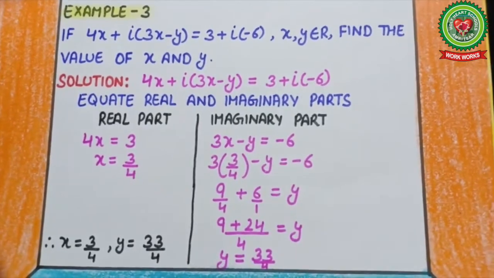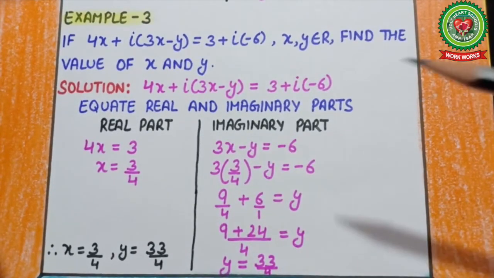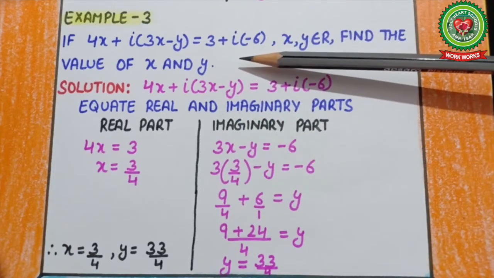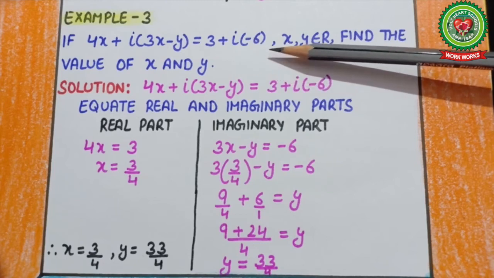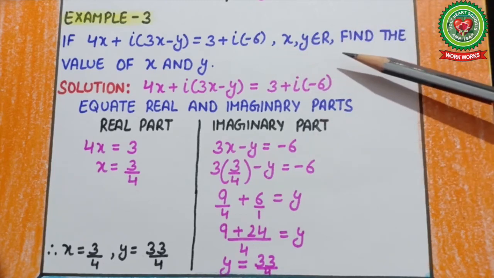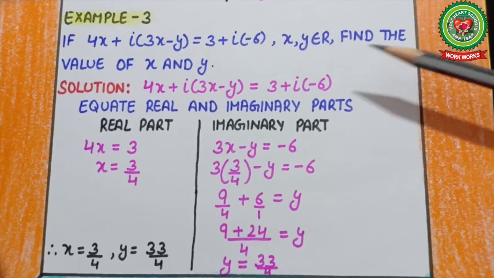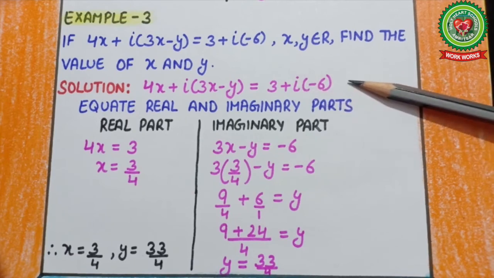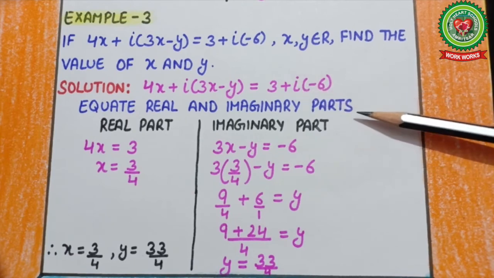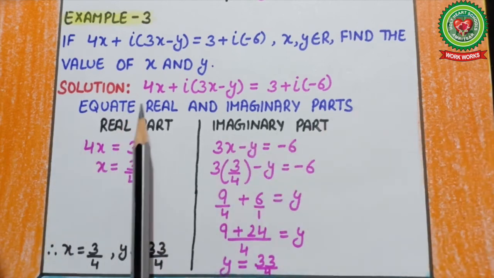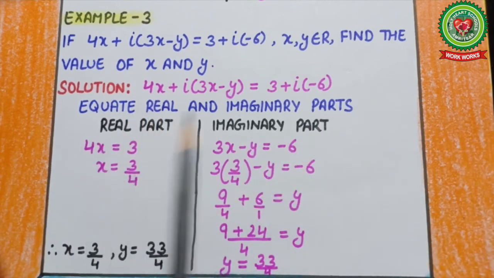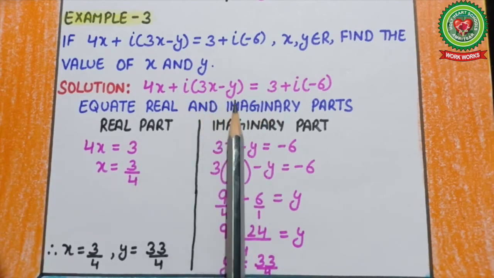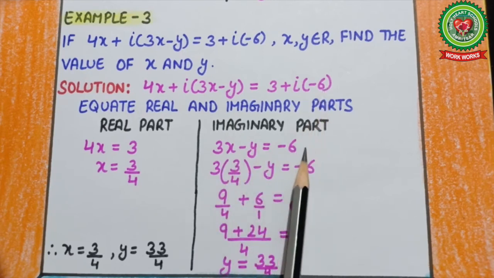Now example number 3. If 4x plus iota (3x minus y) is equals to 3 plus iota times minus 6 and x, y belongs to real number, find the value of x and y. So first of all, write the equation, then again equate real and imaginary parts. From here, real part is 4x is equals to 3 and imaginary part is 3x minus y equals to minus 6.